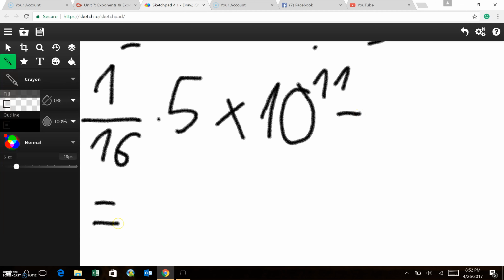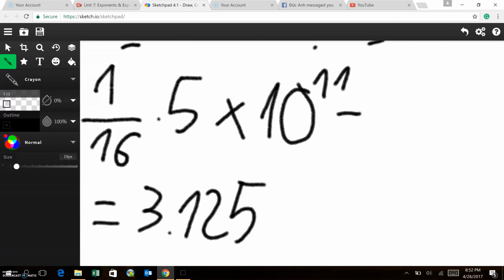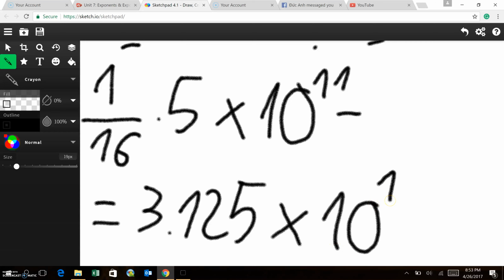So this is 3.125 times 10 to the power of 10. Okay, so this is inches only, we have not converted to miles.